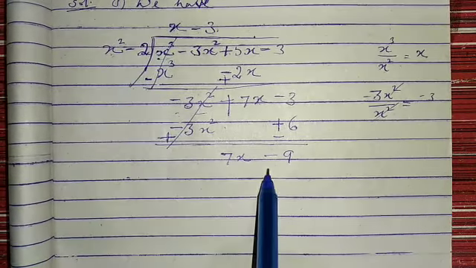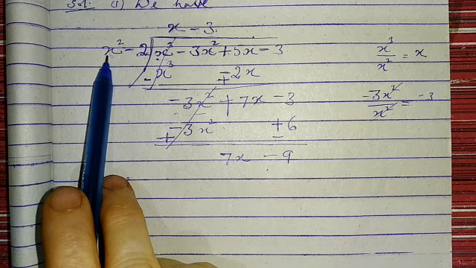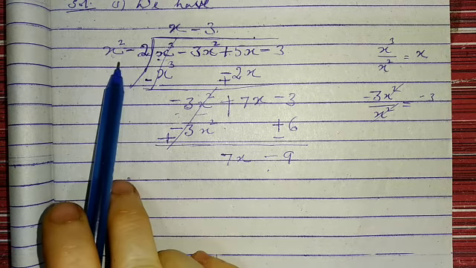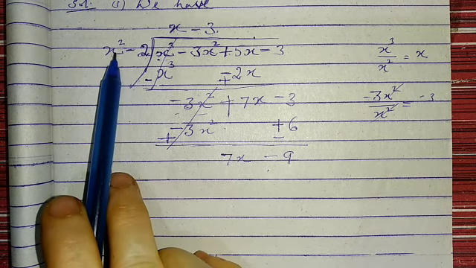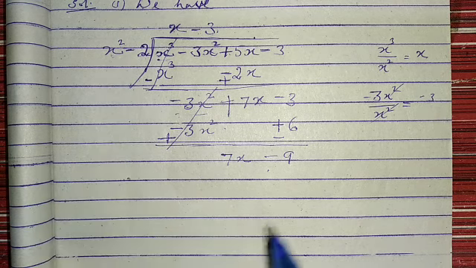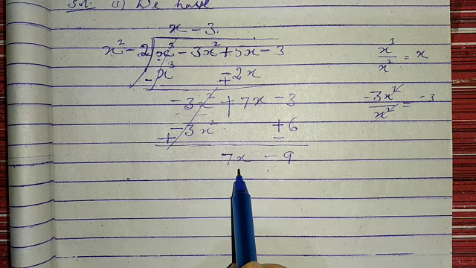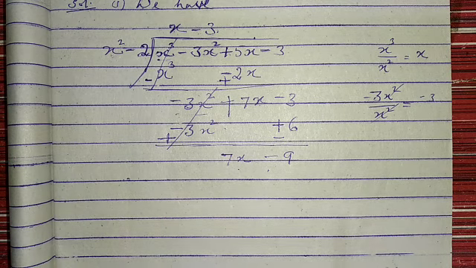Now this is less than x square. x square is the maximum index of x in the divisor, and here it is x. So this is your remainder. And this is your quotient.